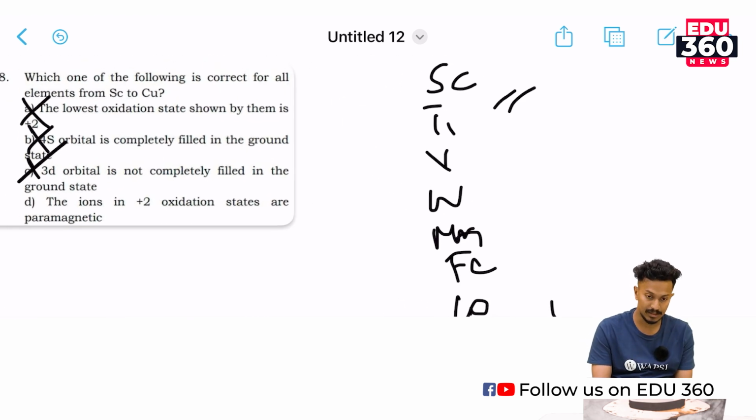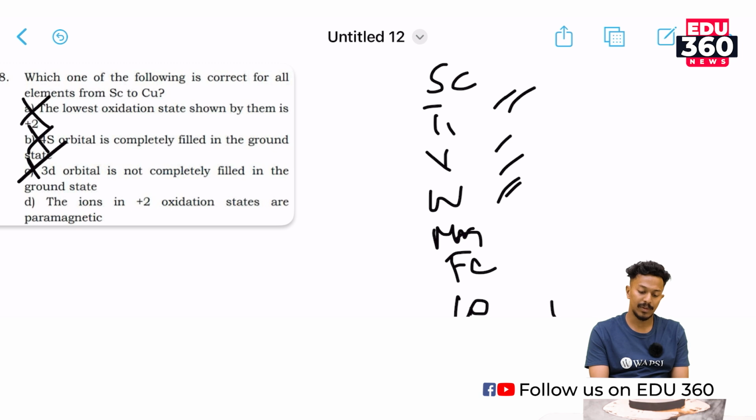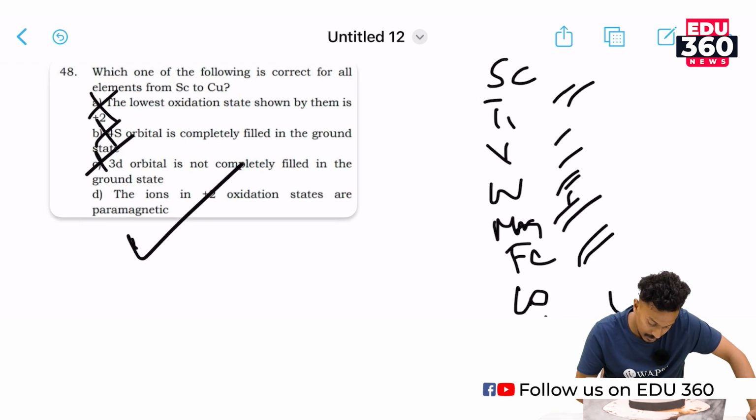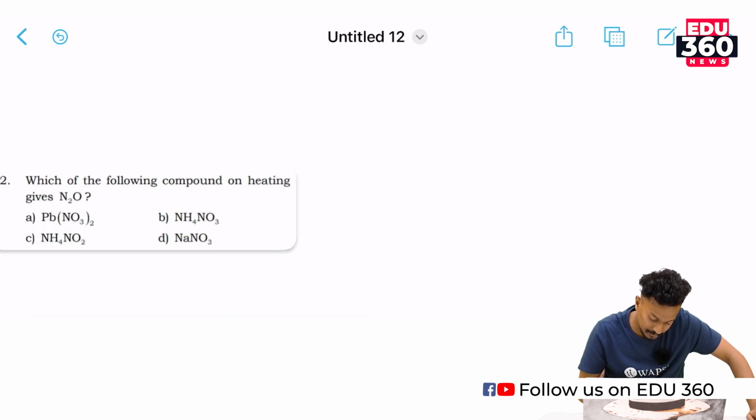Scandium does have a paramagnetic structure. Titanium is paramagnetic. Vanadium is paramagnetic. Chromium in plus 2 oxidation state does have it. Manganese also has it. Iron does have it. Basically the ions in the plus 2 oxidation state are paramagnetic. So the correct option would be option D. Okay. Let's move on to our next question.